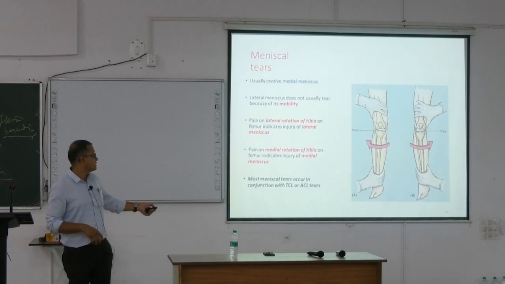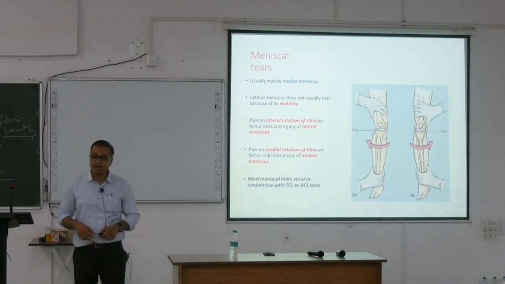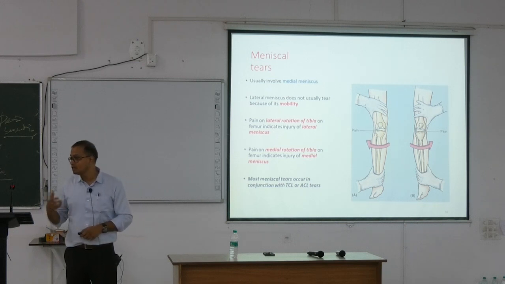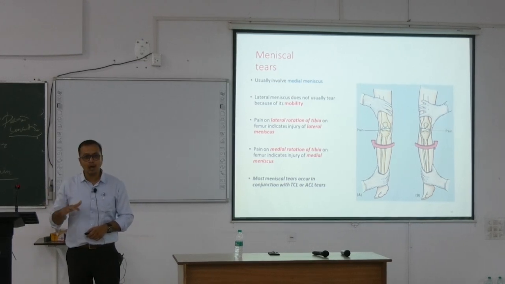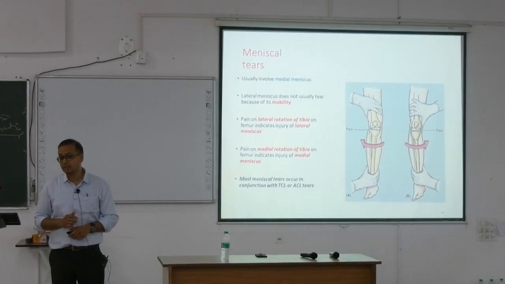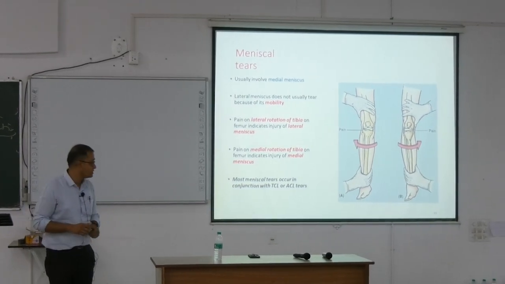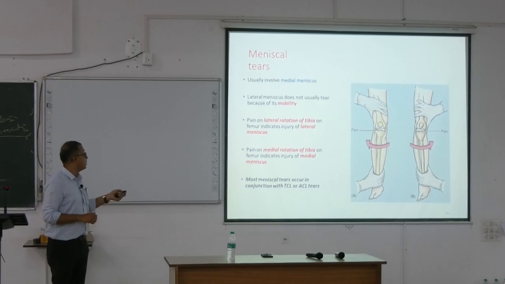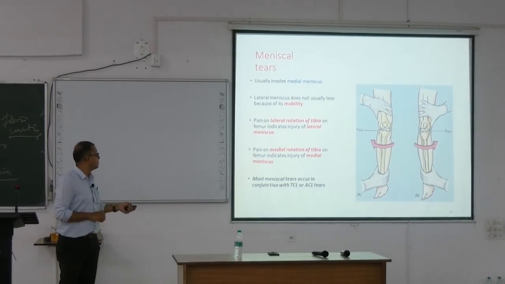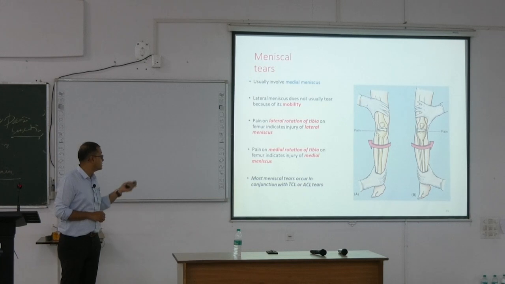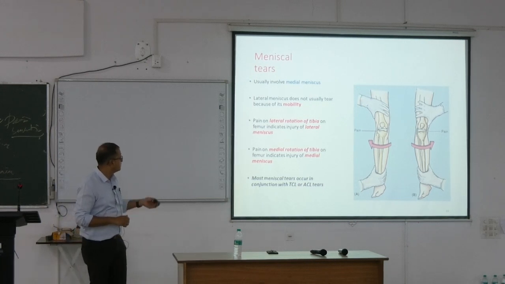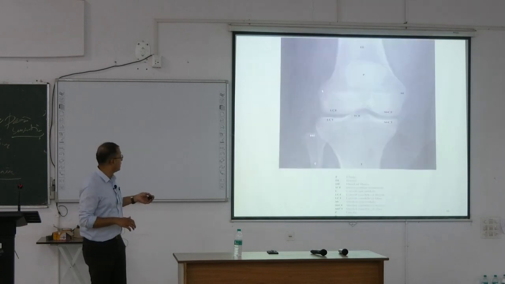So, by twisting the knee joint, snapping and unsnapping it, we can judge meniscus injury and ACL, PCL injuries as well. These are the two things related to it, along with the nerve injuries, which are of clinical importance.